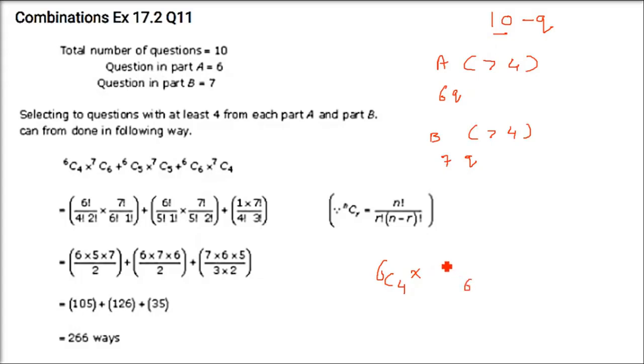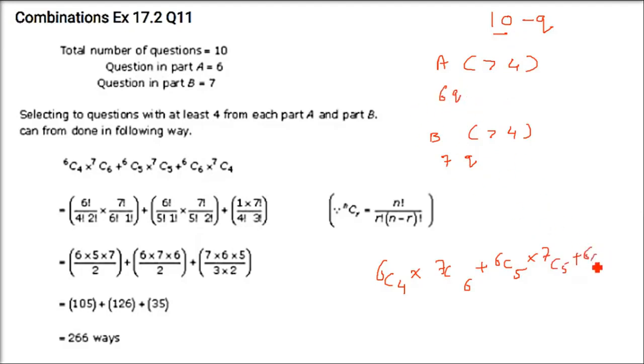When we take 4 questions from part A, we have 7 in part B, so we can take only 6, because 6 plus 4 has to be 10. Now we are taking 5 questions from part A. Now we can take only 5 questions from part B because both should add to 10.